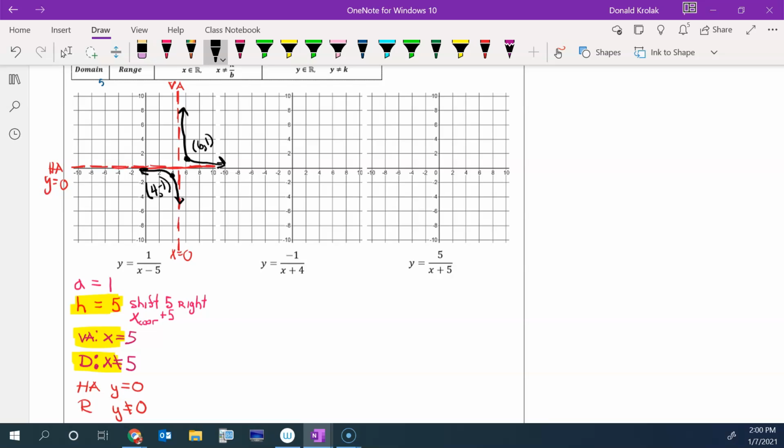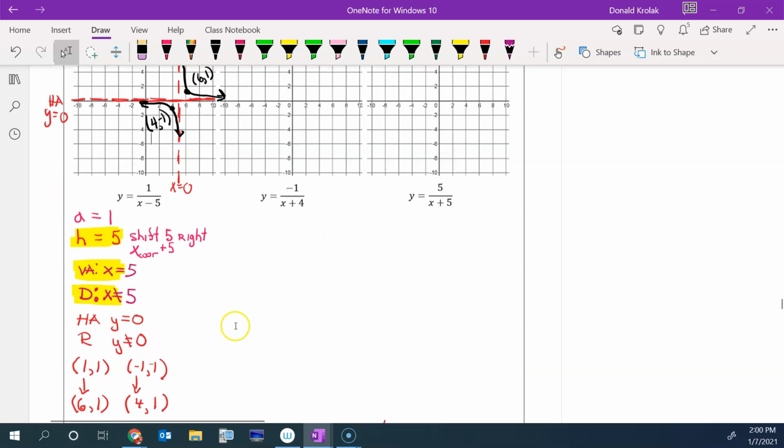All you need is just one point labeled. Because if those points are right, that shows me that you know how to graph it. Okay? Any questions, folks?